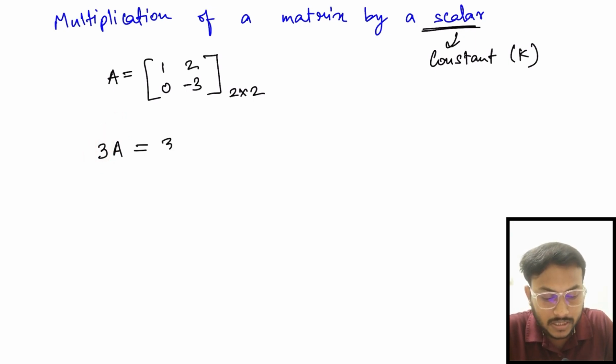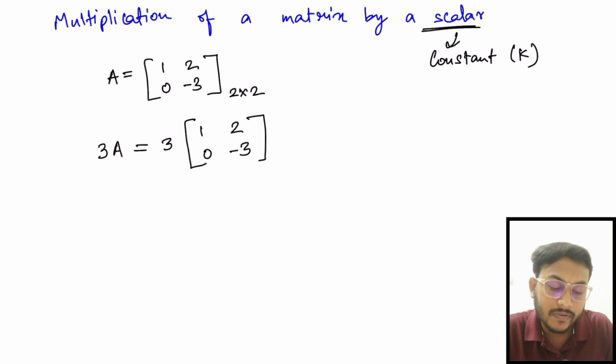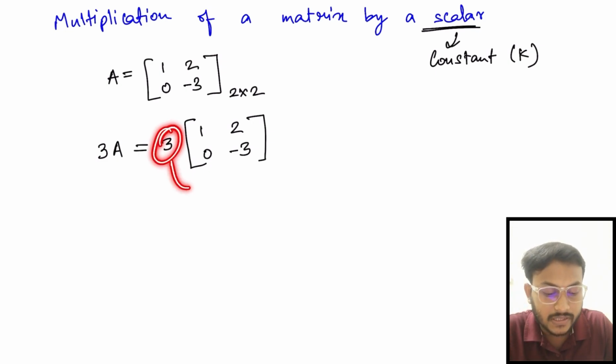So 3 is the constant and the matrix is 1, 2, 0, minus 3. What will be the value if you multiply this constant with this matrix?